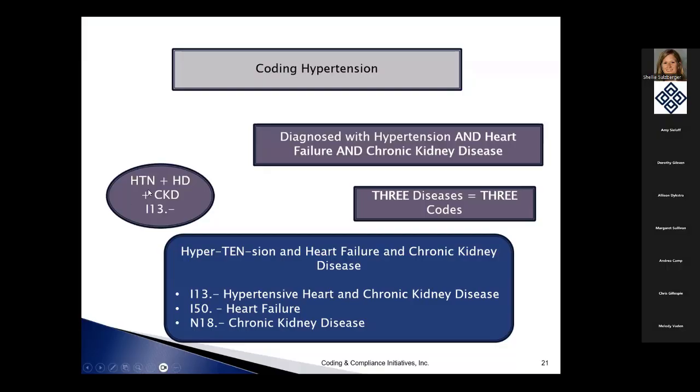I'm going to have my I13 code, depending on where it falls, hypertensive heart and chronic kidney disease. I'm going to have my heart failure code, I50 something, and my chronic kidney disease, N18 something, depending on the stage. 3 diagnoses, 3 diseases, 3 separate codes.